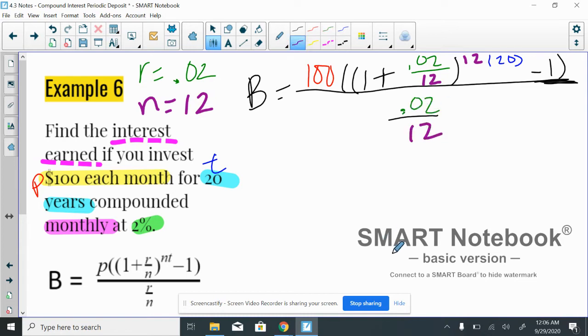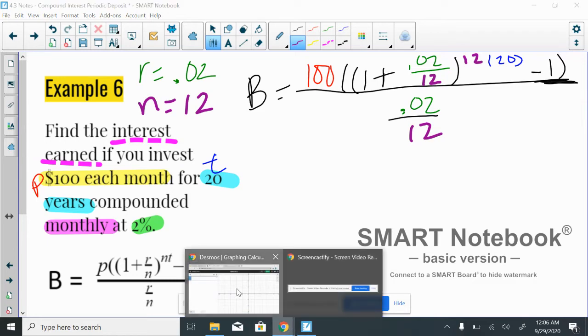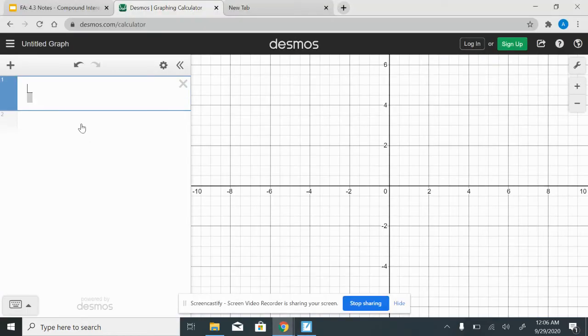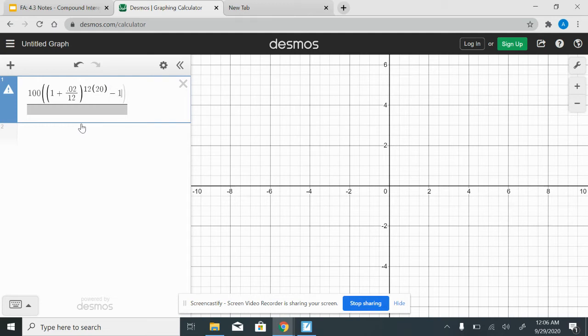I'm going to go ahead and plug this in and find my account balance. I'm going to start with the divide key. 100, double parentheses, 1 plus 0.02 divided by 12, and parentheses, and raise it to the power of 12 times 20 years. And then don't forget on this one that you need -1 with the close parentheses.